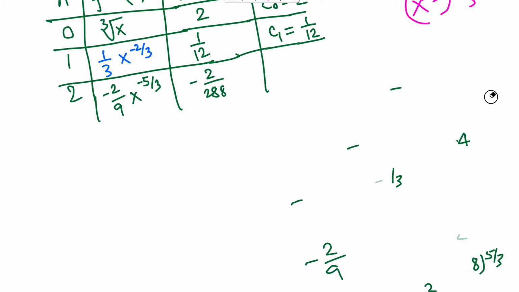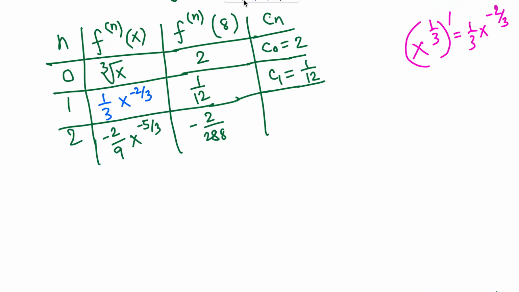C2 is then this divided by 2 factorial. 2 factorial is just 2. Divide by 2 means put 2 on the bottom. So negative 2 over 288 times 2. Now cancel 2 and 2. So that's negative 1 over 288.